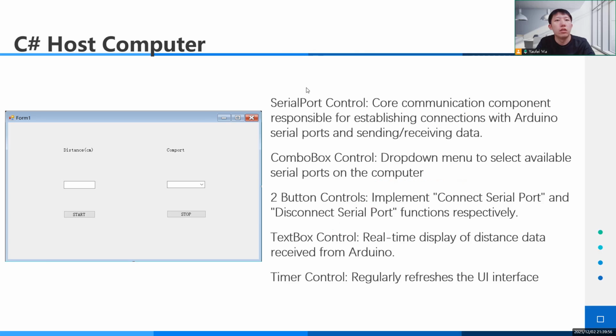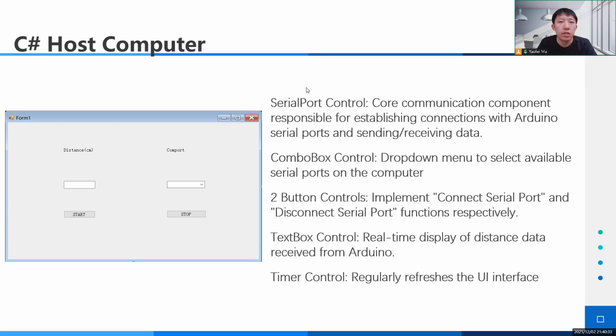This is the C# host computer. This page introduces the C# host computer interface controls and initialization code. The interface has a serial port control for communication, a combo box to select the serial port, two buttons to connect and disconnect, a text box to show distance, and a timer to refresh the interface regularly.